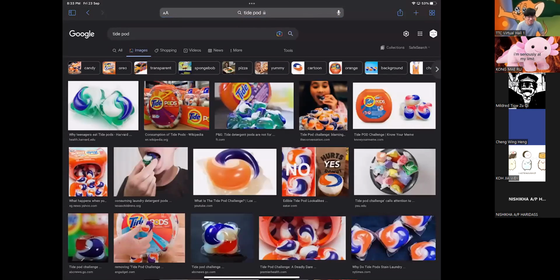It looks like a freaking candy. Some trolls started spreading that Tide Pods can be eaten, and some not so bright people started eating them, and you can guess the rest.